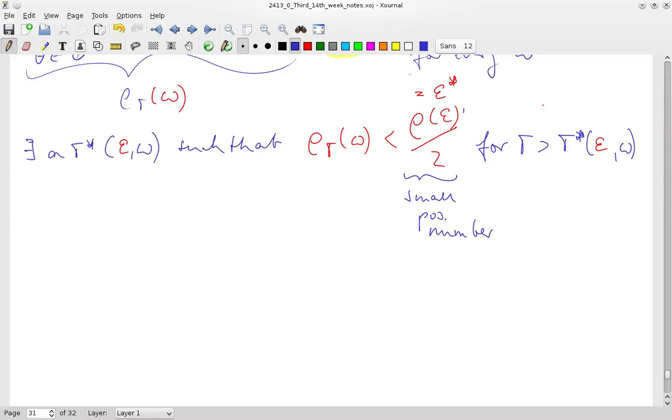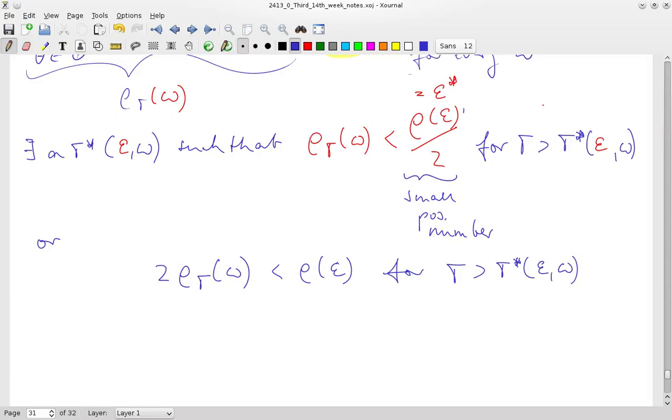Now what you can write, as well, is that essentially twice rho t is less than rho of epsilon for a sample size t which is bigger than t star of epsilon and omega.